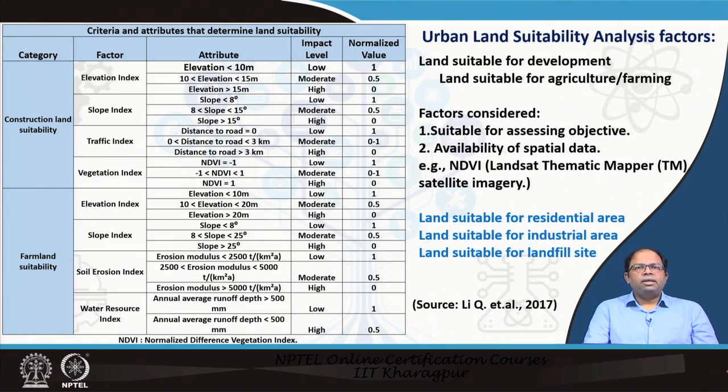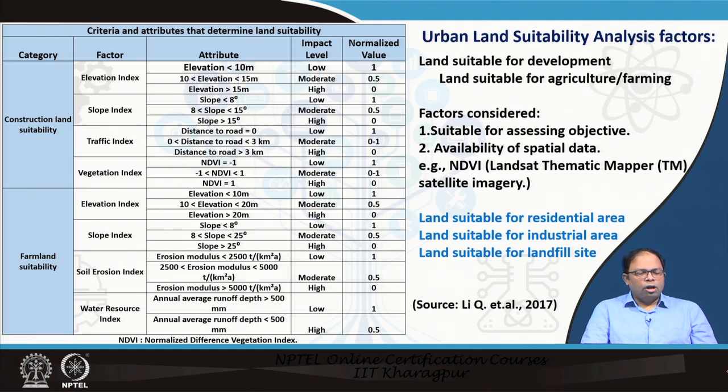So here we see one example by Lee Q, and they have done an urban land suitability analysis where they have tested land suitability for construction land and farmland for a particular urban area, and they have used several factors. As you can see, they have used the elevation index, a slope index, a traffic index, and a vegetation index.